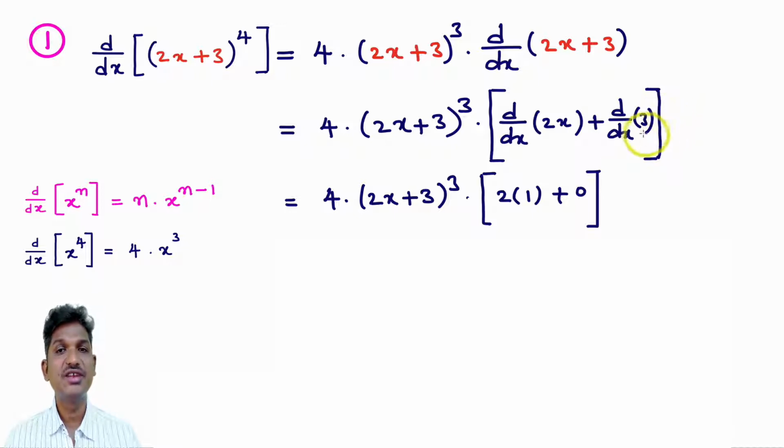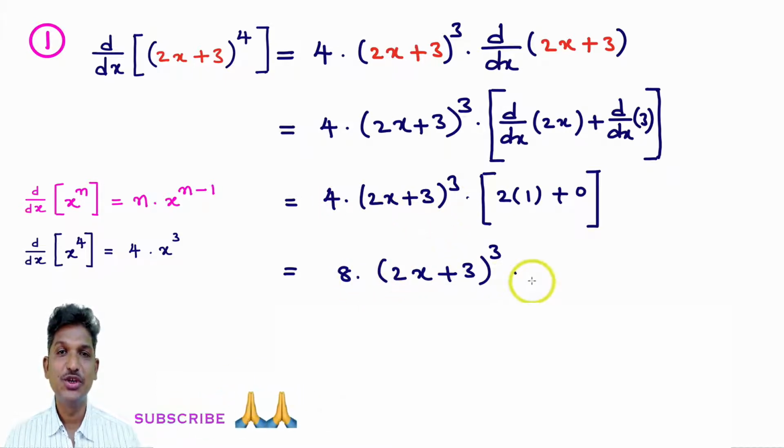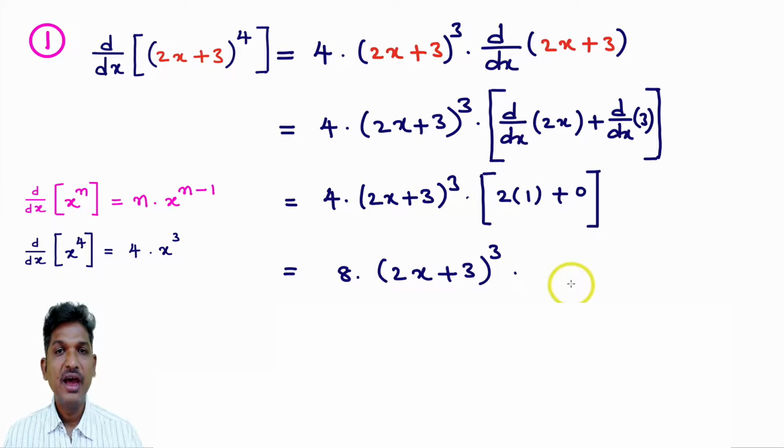As 3 is a constant, the derivative of a constant is 0. So the derivative of 3 is 0. If I simplify inside the bracket, it will be 2. Here 4 is there, so 4 twos are 8: 8 into (2x plus 3) whole cube. I hope you understand this. Have patience. Try to understand the first three problems. From the fourth problem onwards, you can do these problems on your own.